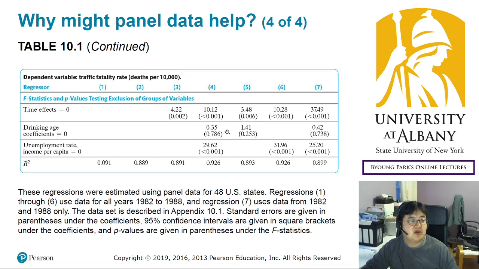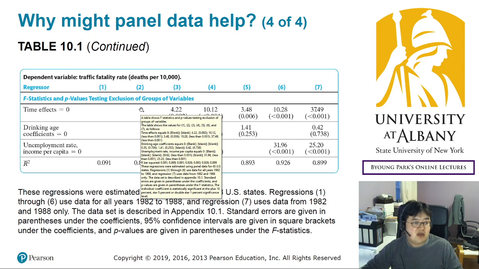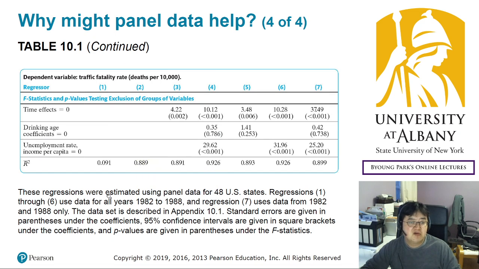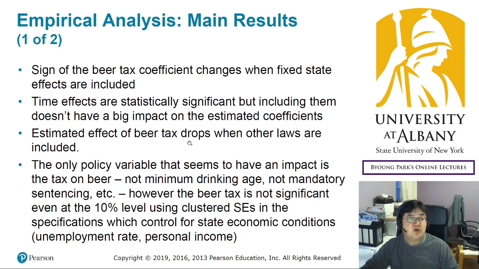And you may also consider some F statistics. I will skip this. It's exactly the same thing which I explained earlier, argued in a more rigorous way. So in the next video, let's think about the main results.